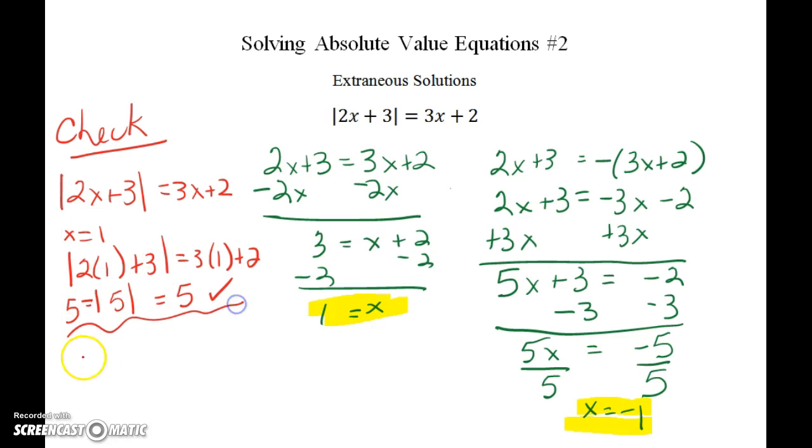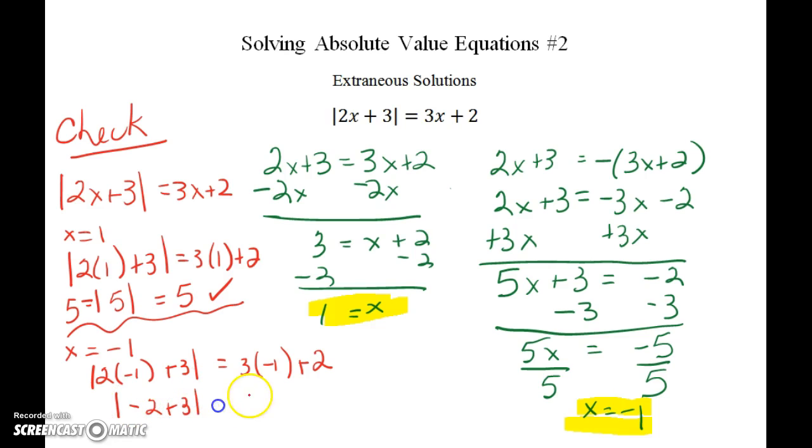Now, for the other one, let's just check it. So if x equals negative 1, again, go back to the original. We're going to do the absolute value of 2 times negative 1 plus 3 equals 3 times negative 1 plus 2. So in the absolute value sign, we have negative 2 plus 3. And we've got negative 3 plus 2.